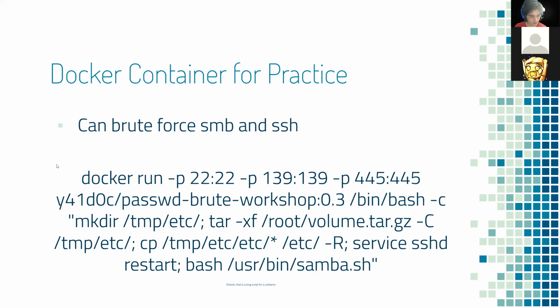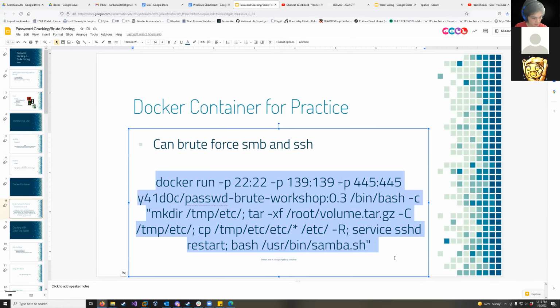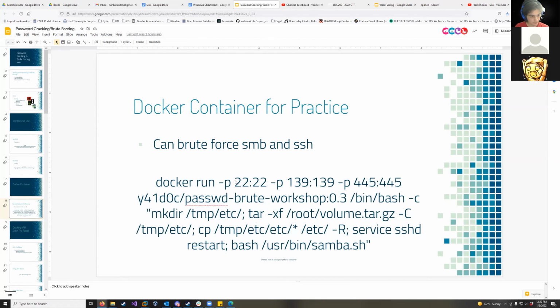It's just like we did before with Docker run, but of course this is a very large command compared to last time's workshop. Let me put this again in the chat. That will set up the entire Docker container for you. And the ports you should see for that, if you nmap, are 22, 139, and 445.